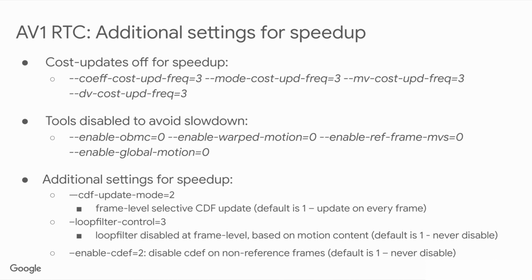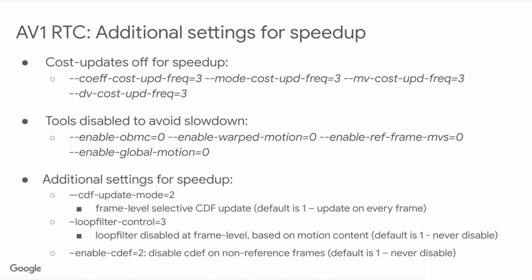And then there's an additional set of settings to get more speed up that were not listed in the command line. This is the CDF update mode. The default there is 1, which means you update the CDF every frame, but we have an option to do a frame-level selective CDF update. That gives a good speed up with a little bit of quality loss.